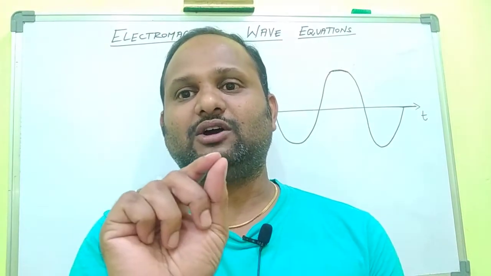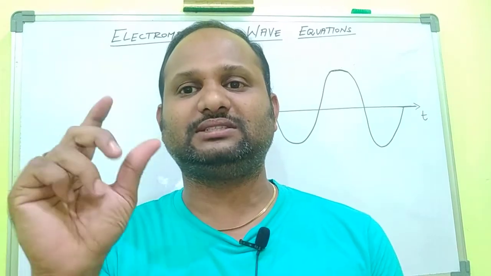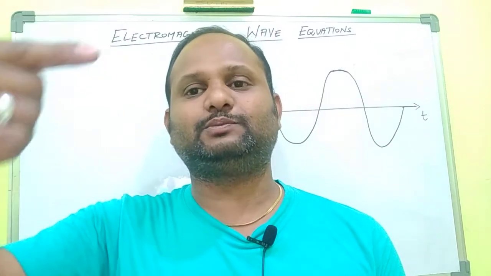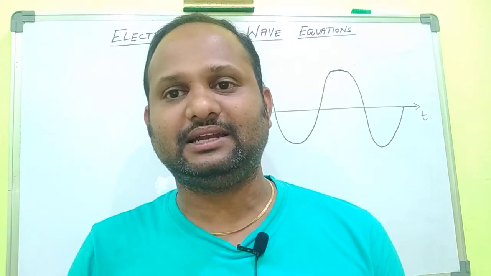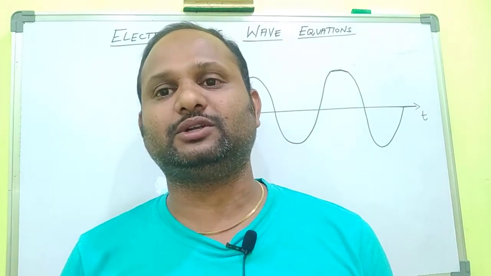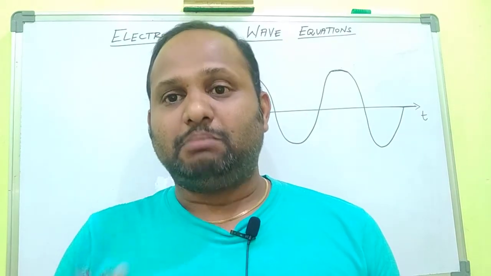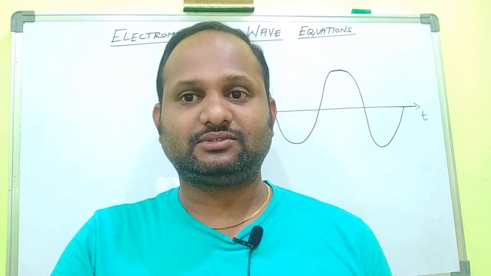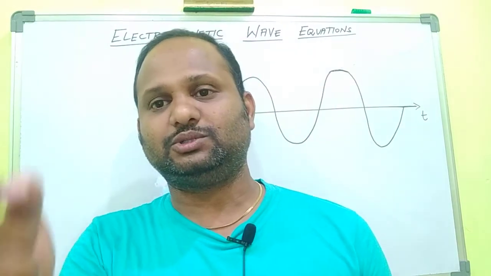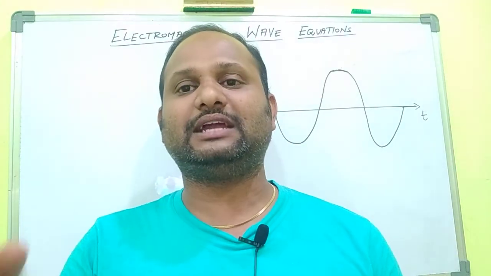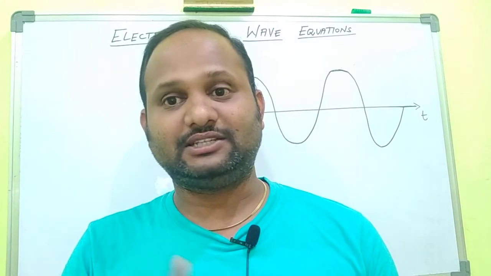A constantly moving charge produces a steady current. Due to the steady current, a magnetic field is produced around the current carrying conductor, but that magnetic field is not time varying. That is important. But an accelerated charge produces a time varying electric field, and due to that a time varying magnetic field is simultaneously produced in a direction perpendicular to the electric field. That is the important concept.